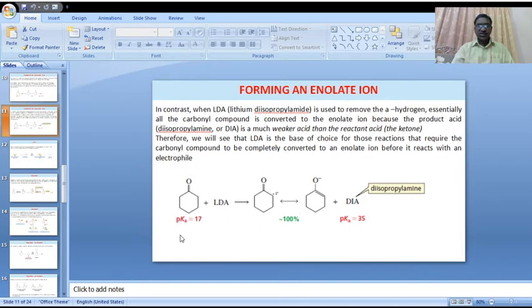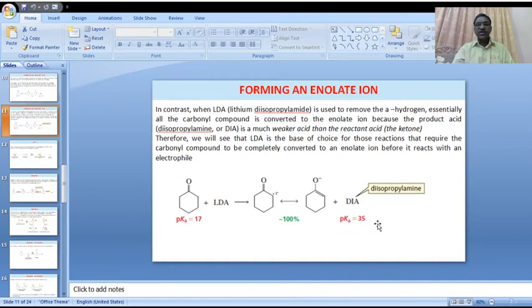Here the starting carbonyl compound, that is cyclohexanone, a ketone, has pKa value 17. The resultant compound, diisopropyl amine, is a weak acid. Here pKa value 35.